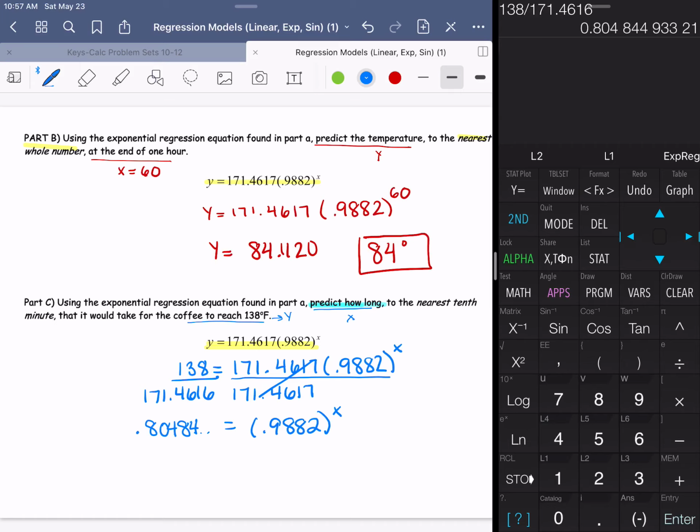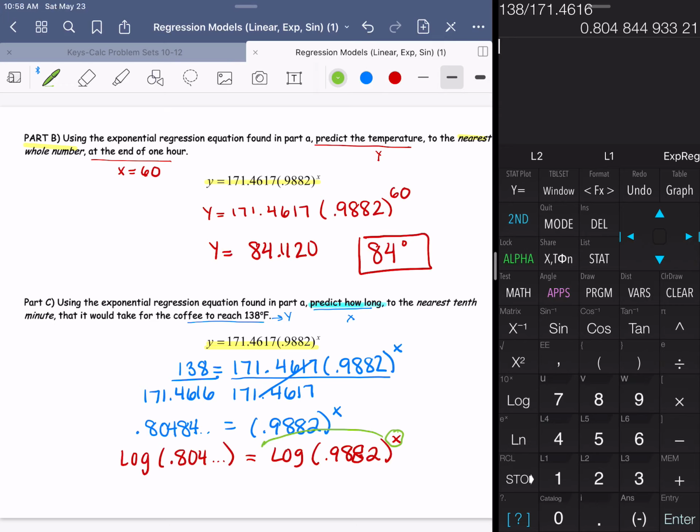And then if you remember, when we solved log equations, we had to log both sides. So log of 0.80484 equals log of 0.9882 to the x power. And remember, when we have an exponent, we have to drop it like it's hot.